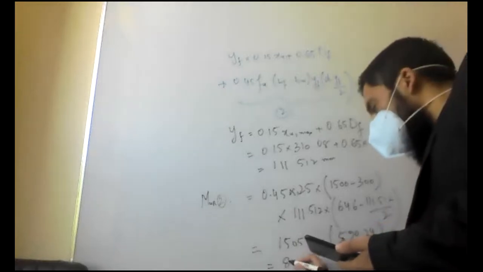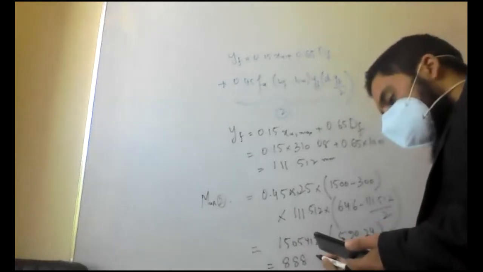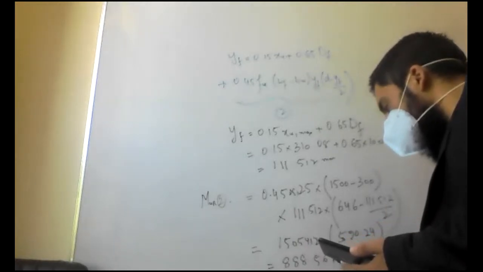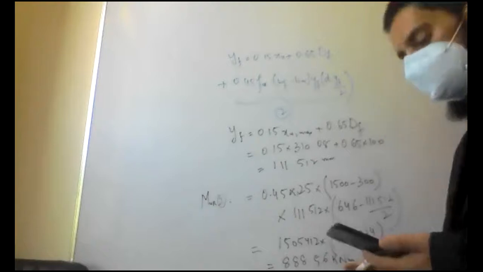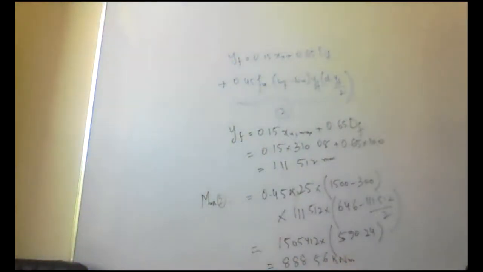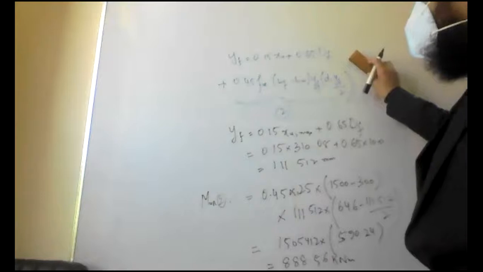So this is coming to be 888.56 kilonewton meter. Up to this point, it was in Newton mm. I converted it into kilonewton meter. So it's 888.56 kilonewton meter. So overall, what is the value of MUR now that you are getting?